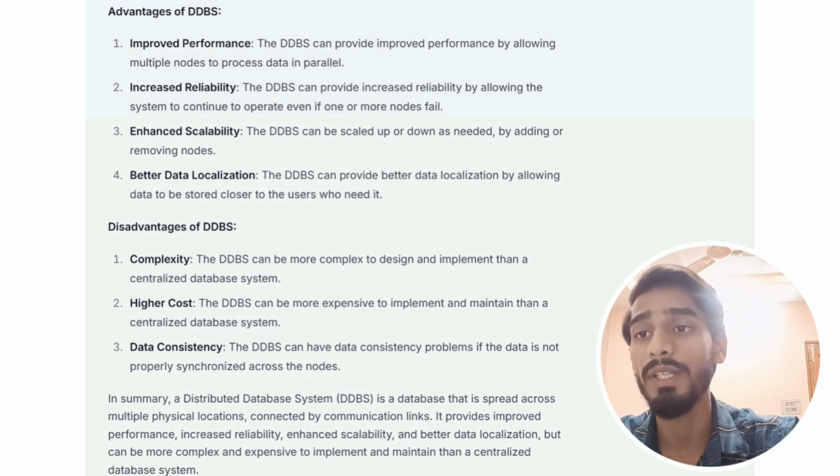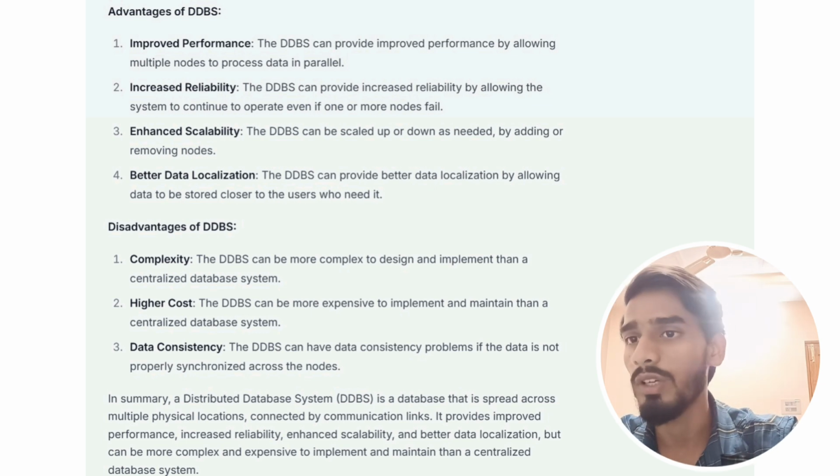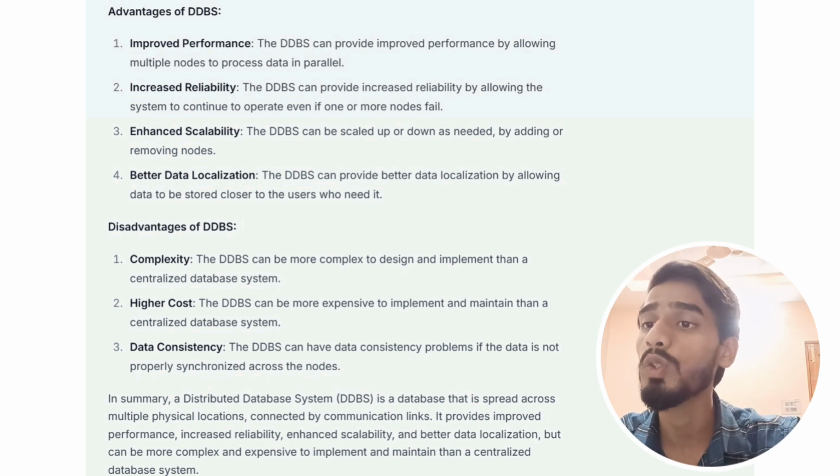Enhanced scalability. The distributed database system can be scaled up or down as needed by adding or removing nodes. Better data localization. The distributed database system can provide better data localization by allowing data to be stored closer to the users who need it.